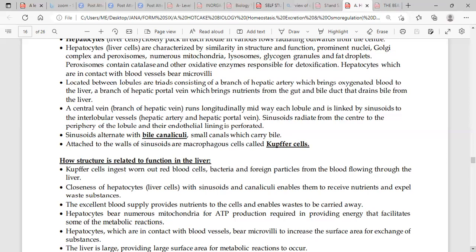Then we also have the closeness of the hepatocytes with the sinusoids and the canaliculi, which enables them to receive nutrients and expel waste substances.